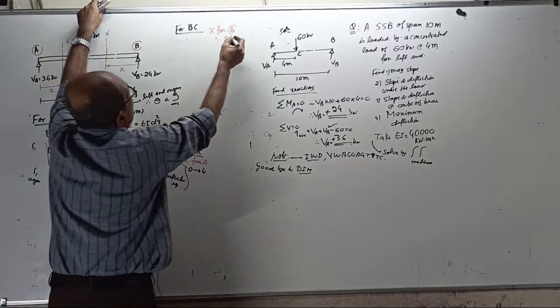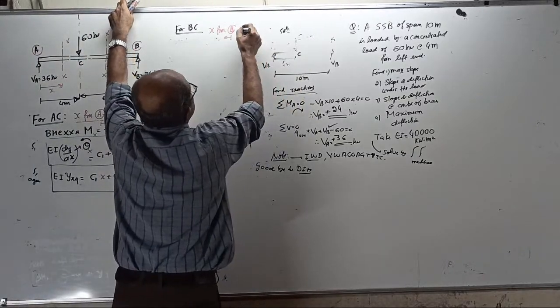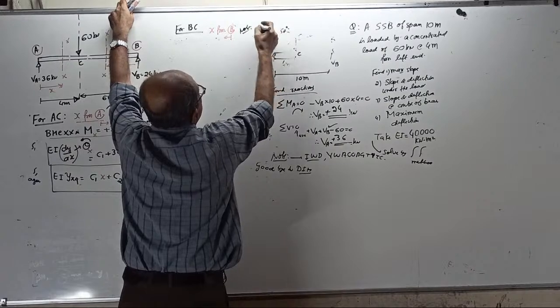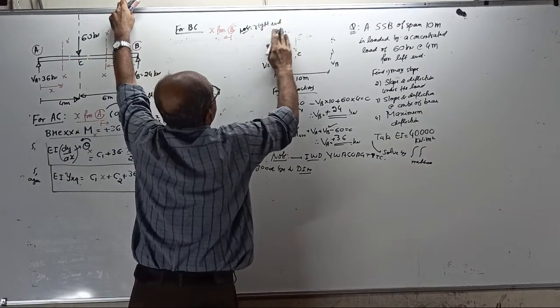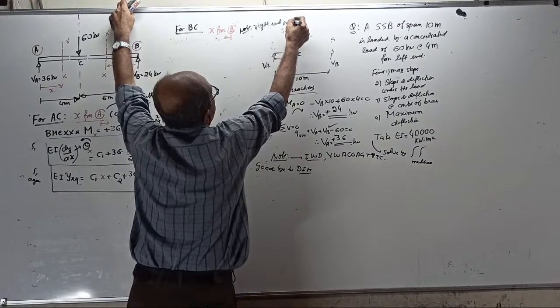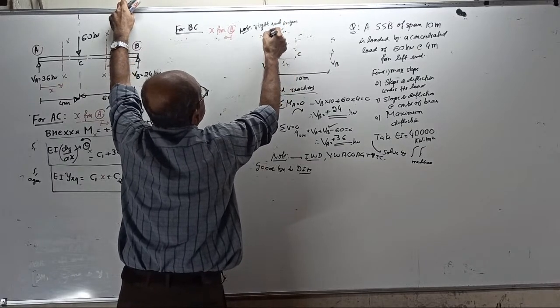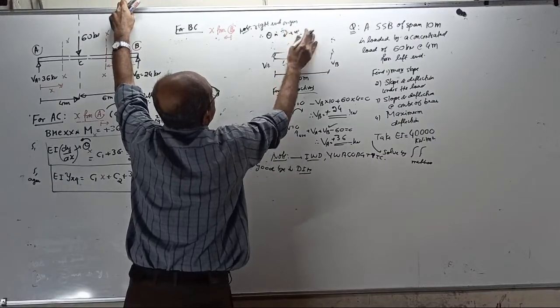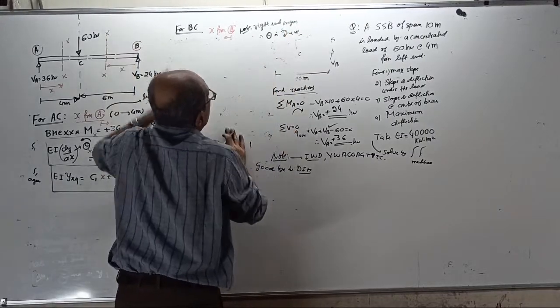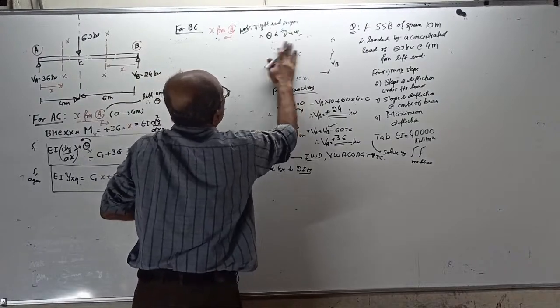And remember, note, very important, right hand origin. I told you, right hand origin. Therefore, theta is now clockwise positive. When you take right hand origin, your theta is clockwise positive.